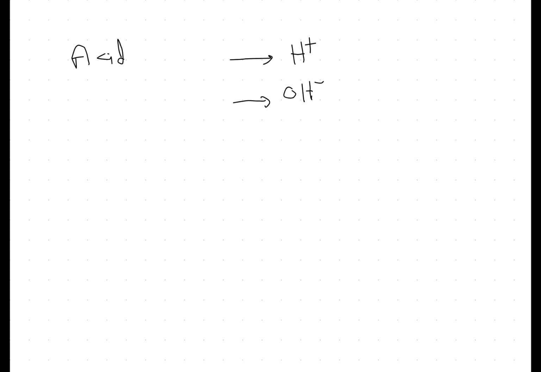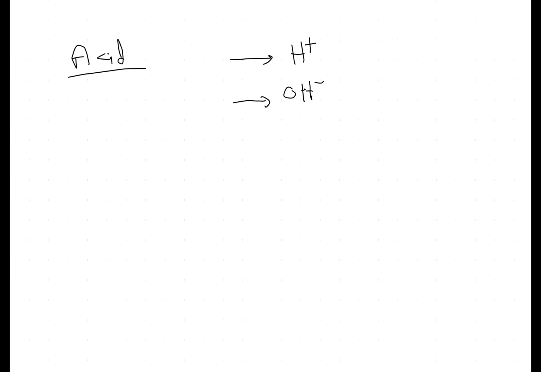So these are the definitions that we know regarding the acid and the base. If my solution liberates H plus, it means my solution is acid. If my solution liberates OH minus, it means my solution is base.